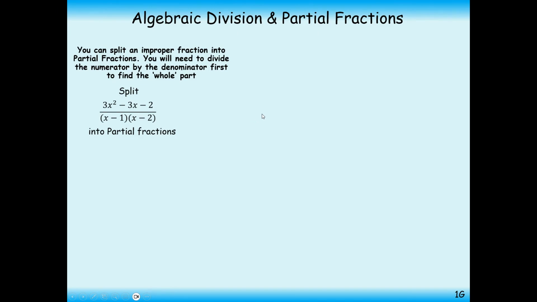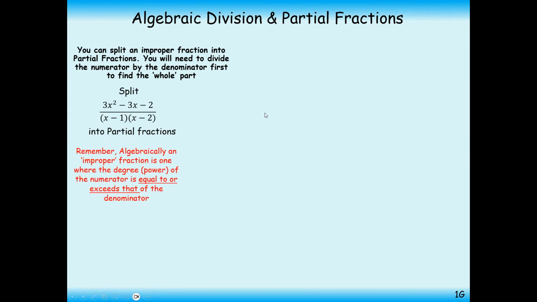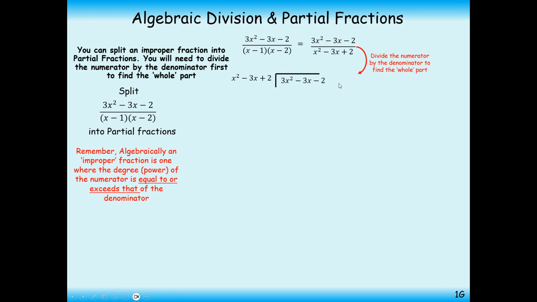That means that we must perform algebraic division. Okay, so let's do that. We're going to multiply out the denominators, the x minus 1 and x minus 2, and we'll end up with this expression so that we will have an algebraic division that works.